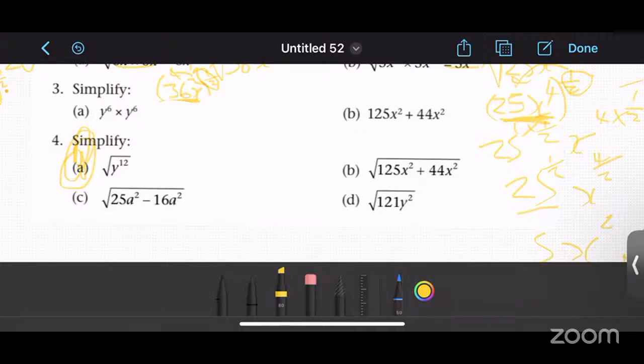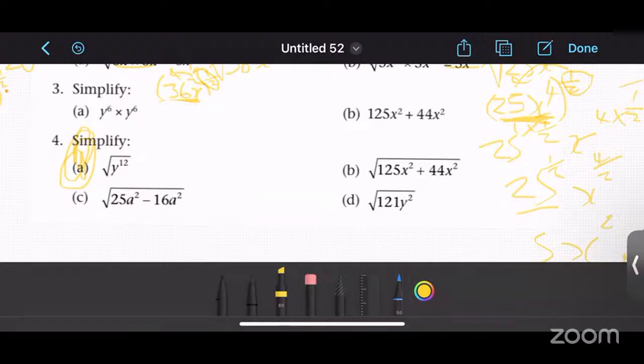Ma'am, will the answer be y to the power of 6, ma'am? Y to the power of 6. How did you get y to the power of 6? Ma'am, I don't know, ma'am. How did you get y to the power of 6? You said your answer is y to the power of 6.